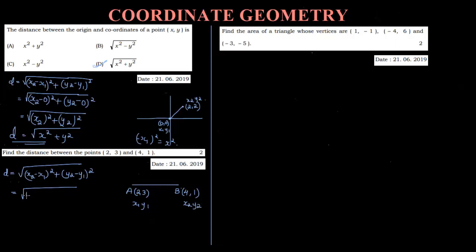So x2 is 4. 4 minus x1, that is nothing but 2. So 4 minus 2 whole square you got, and y2 is 1 here minus y1, that is 3, whole square. Then 4 minus 2 is 2 square plus 1 minus 3.